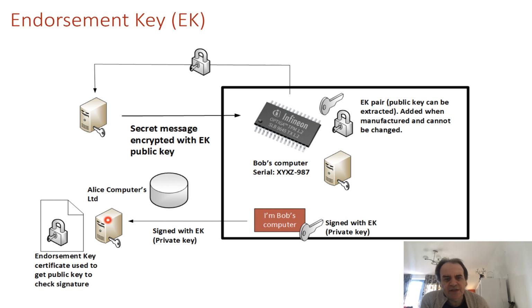That's then sent here, and then the manufacturer will look at the public key and be able to decrypt the signature and check that it's a valid message. In this way, the endorsement key makes sure that the computer is still the computer that it is. And we can do this for any electronic device if we fit a TPM and we have endorsement keys.